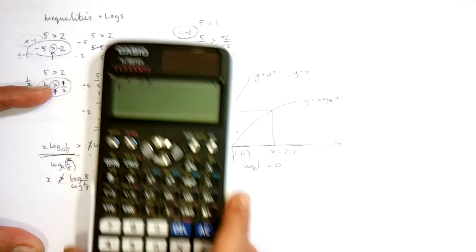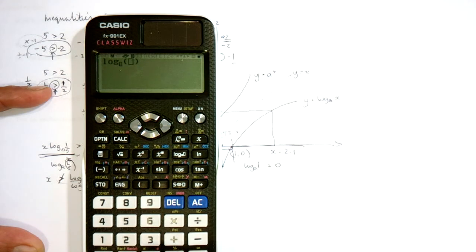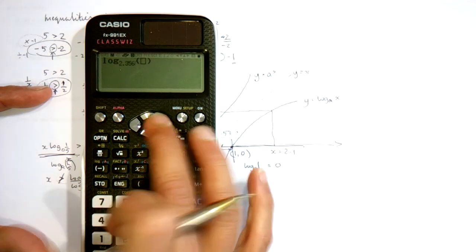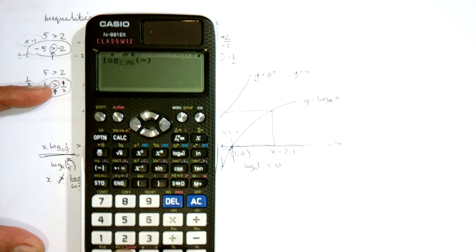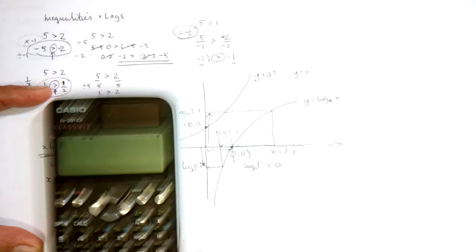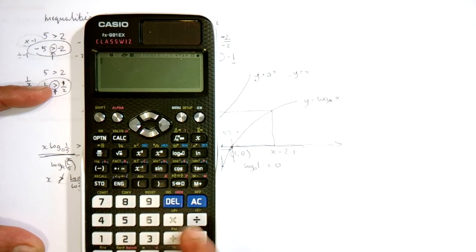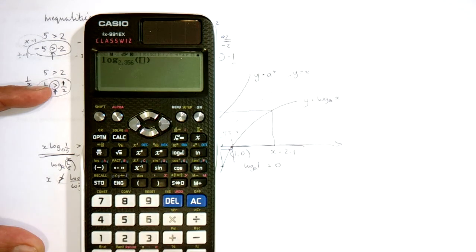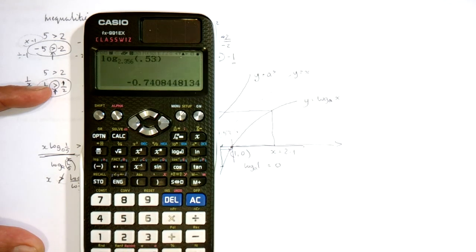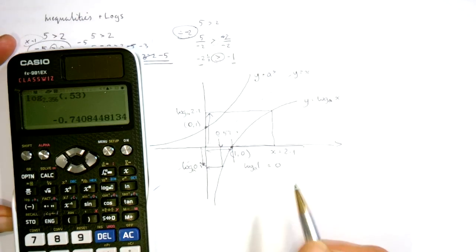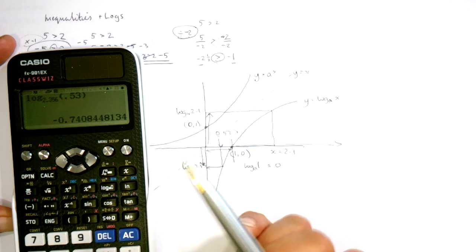And we can see that if I choose a random log, I don't know, 2.356 as a base, of 0.53, I can't do minus one. Log base 2.356 of 0.53 is minus 0.74. So we get a negative, and you can try this number as any fraction.